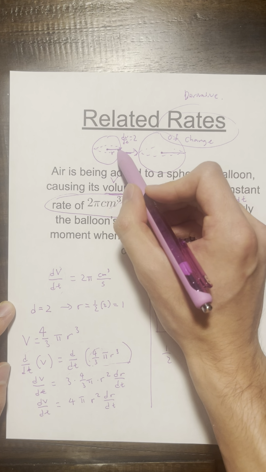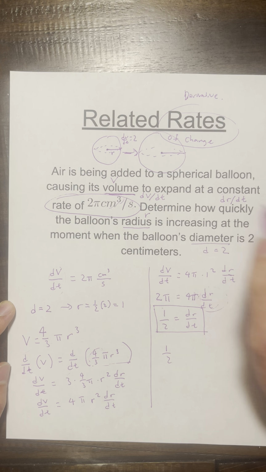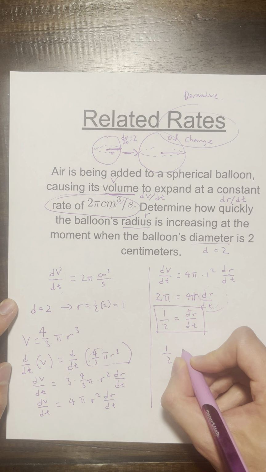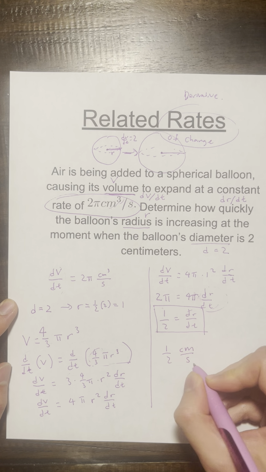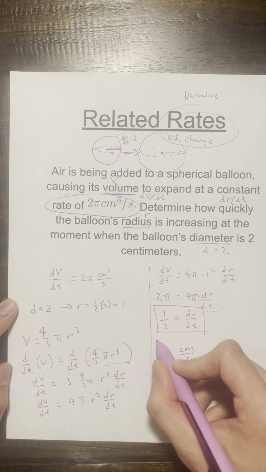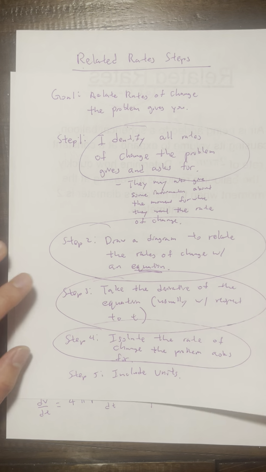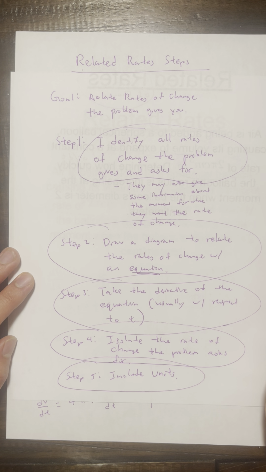How many dimensions are there to a radius, or to a line segment? It's 1-dimensional. So that means it should be in centimeters per second. This is your answer. These are the steps to solving related rates problems.